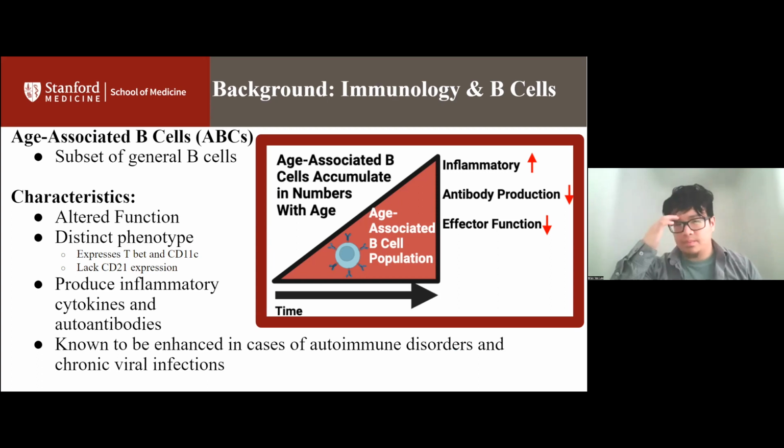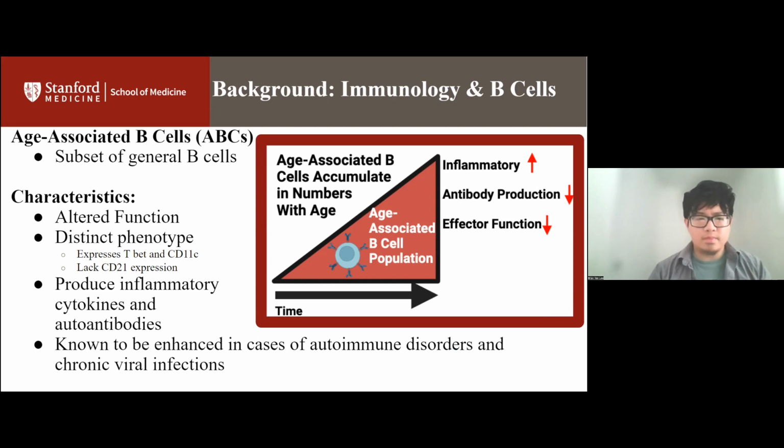So researchers have noticed that as one ages, there's a particular, distinctly phenotypical cell that expands in number, and we don't exactly know why, right? And that specific B cell with this distinct phenotype is expressing the transcription factor T-bet and CD11c, and they lack CD21 expression.